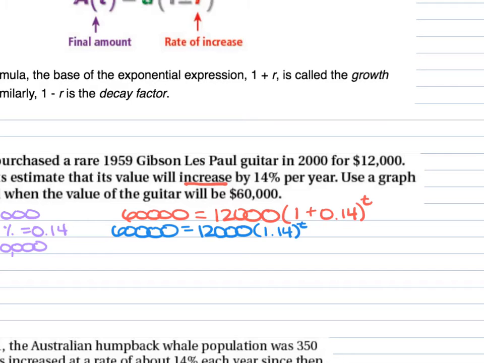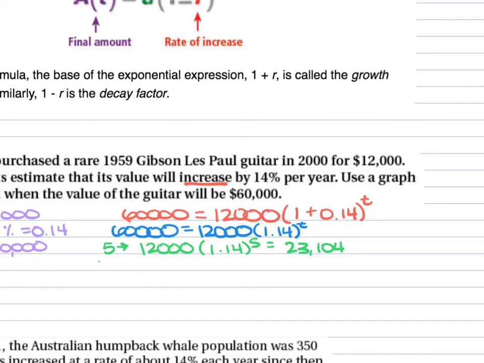So with 5, we have 12,000 times 1 plus 0.14 to the power of 5. This can actually be 1.14 to the power of 5. If I work this out, I get 23,104. That's not quite what I'm looking for. So I'm going to go up from here.